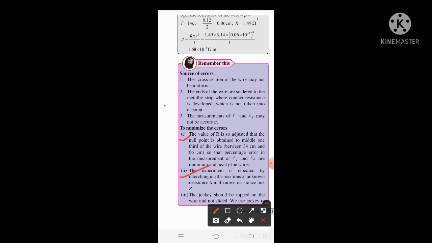This minimizes the error occurring due to contact resistances.